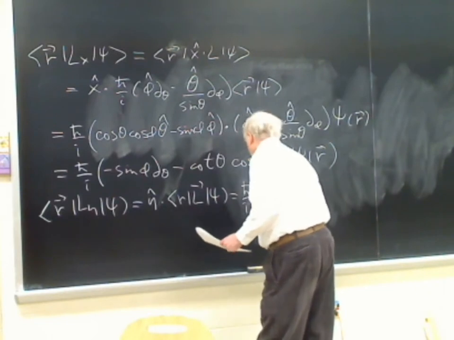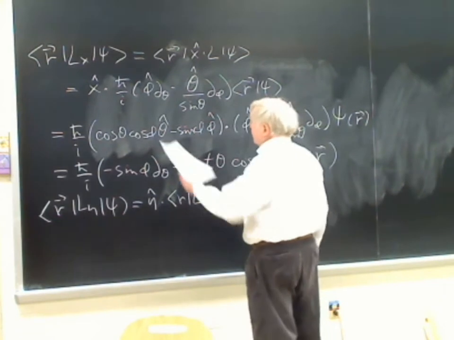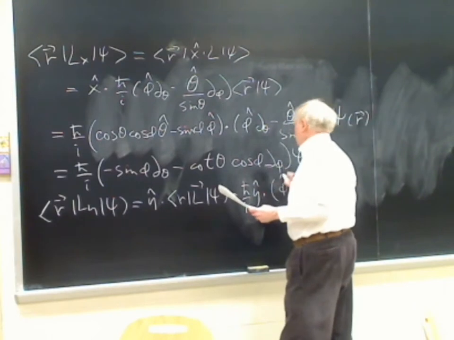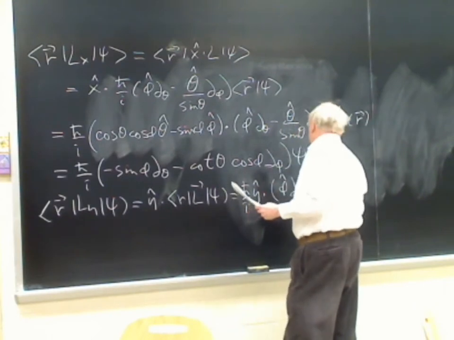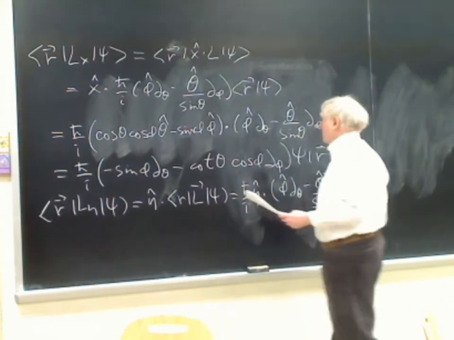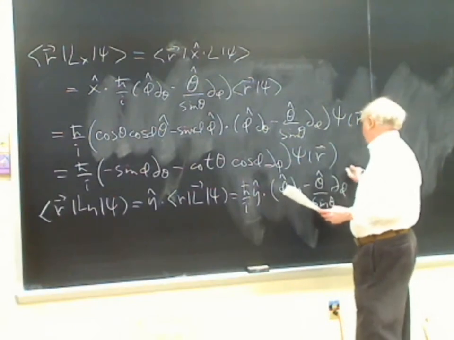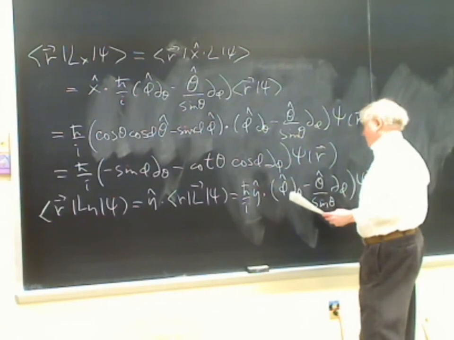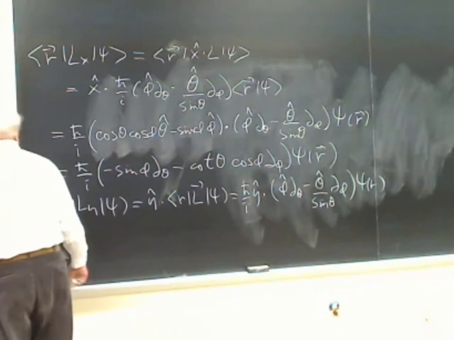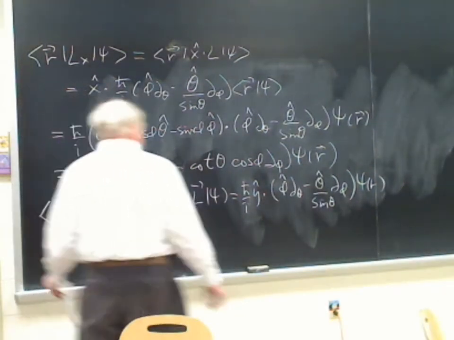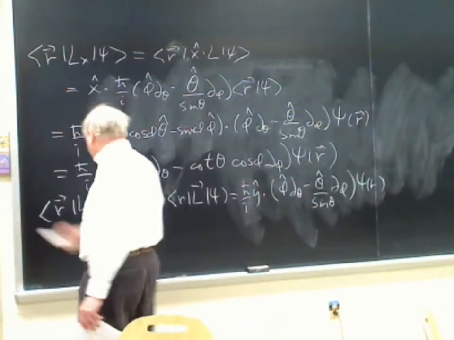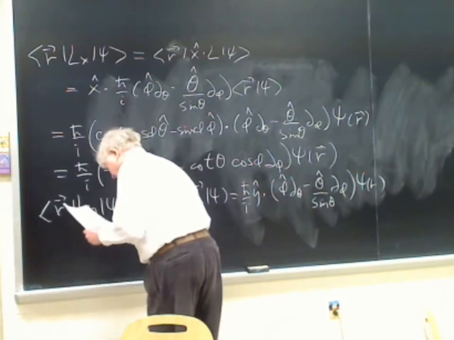H bar over i, y hat dot, and then the angular momentum part here is just this structure here, phi hat d theta minus theta hat over sine theta d phi on psi of r. And now we have to look up what y hat is. Well, y hat has a component involving r hat, but that's irrelevant because it's perpendicular to these two. So we just take the theta phi components of y hat.